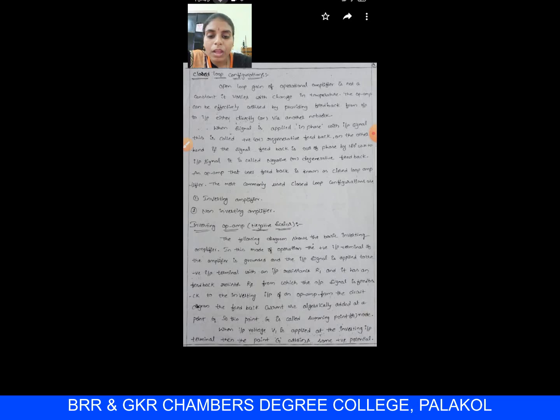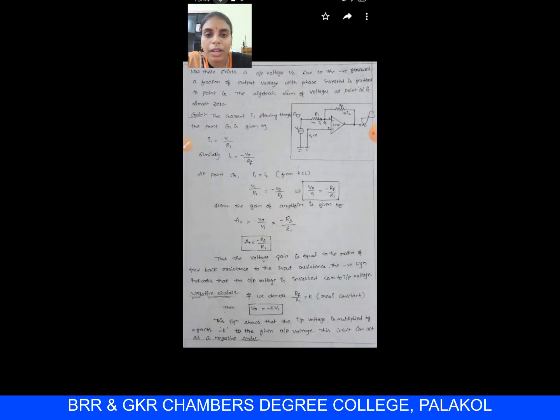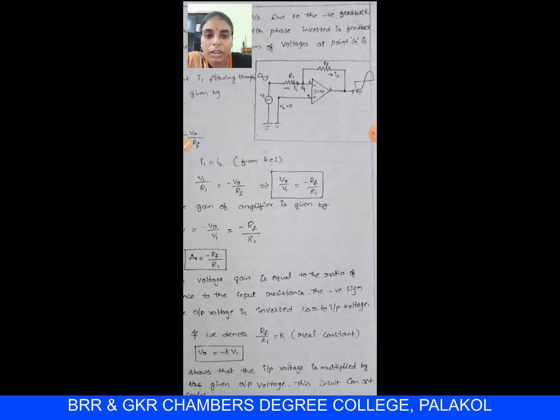From the circuit diagram, the feedback current and input current are algebraically added at a point G. So this point G is called the summing point or node. Why is it called the summing point? First, look clearly at the circuit diagram. The input voltage source is given to the inverting terminal, the negative marked terminal, through a resistor R1, and the non-inverting terminal V2 is grounded.